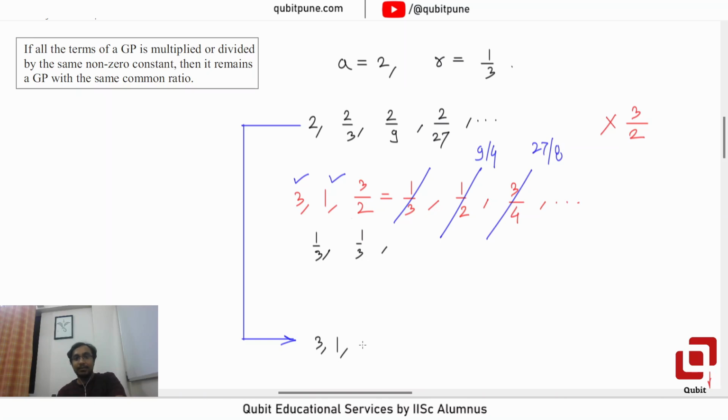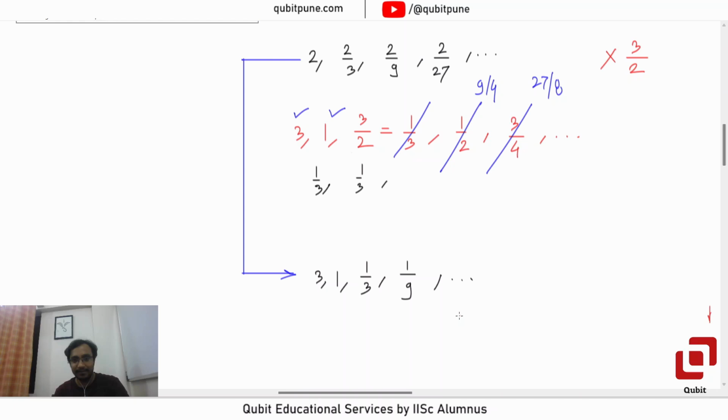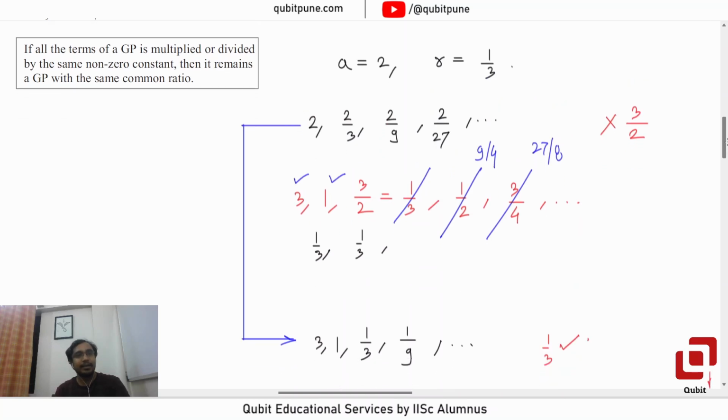Then it will become 3 by 9 or 1 by 3. Then it becomes 3 by 27. Correct. Sorry, I was considering it as a common ratio rather than the number. It remains a GP with the same common ratio? Yes, the common ratio is 1 upon 3. Okay, fine. That property is clear.